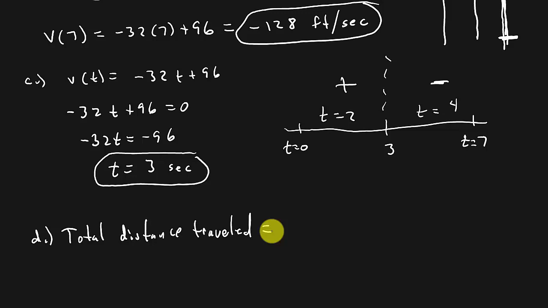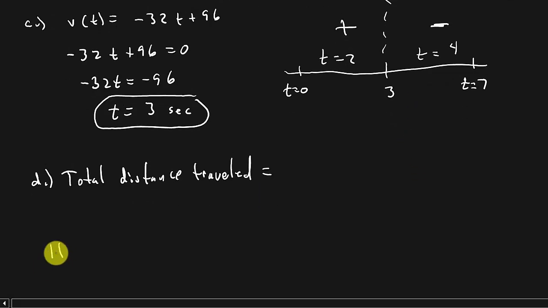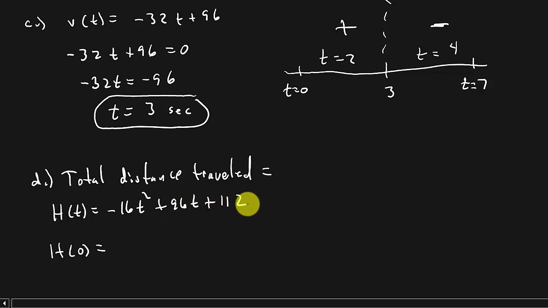So if you look at this, the ball starts at h of 0. And let's go ahead and write our position function. That's negative 16t squared plus 96t plus 112.